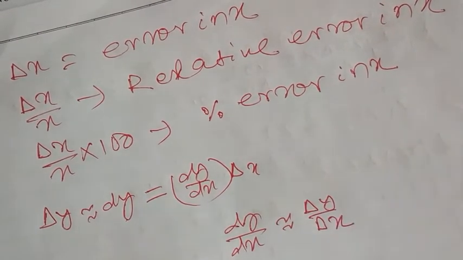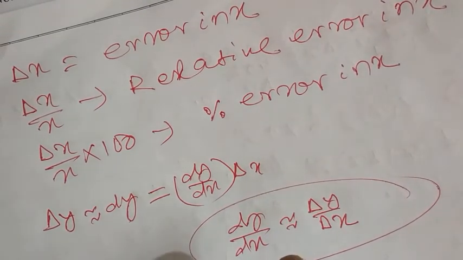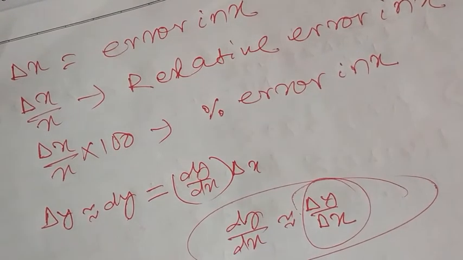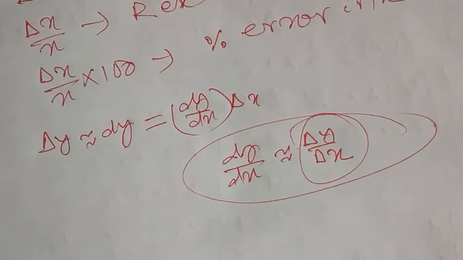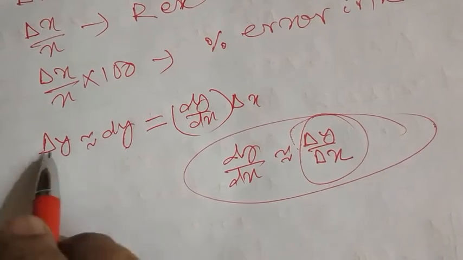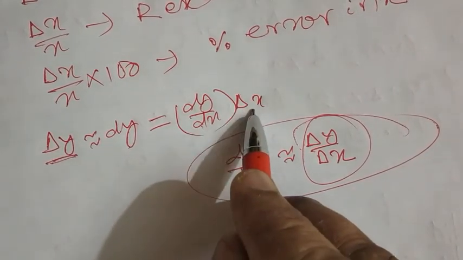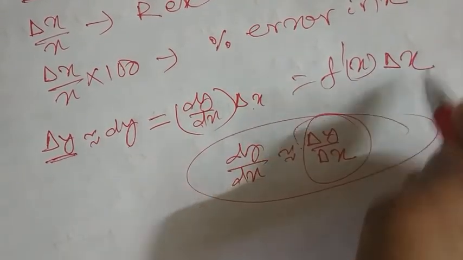It is not exactly equal to delta y by delta x. That is why it is approximately equal, because when I take the limit of the right side I get the left side. This is the basic. Okay, chalo. Now the propagated error is the derivative into delta x, or f dash x delta x. This is the error in y.